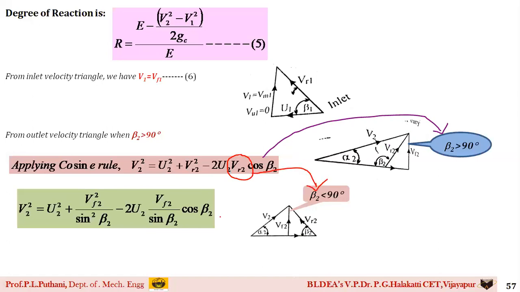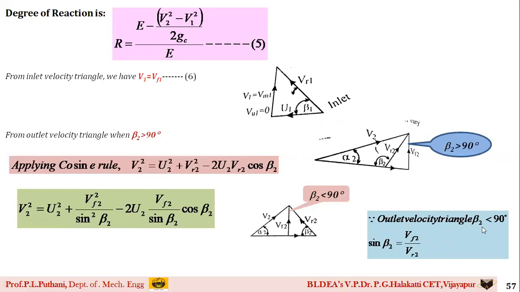If you make this adjustment, you will get the equation in the required form. And as I said, for the outer triangle, beta 2 is less than 90 degrees, sine beta 2 is equal to Vf2 by VR2, which we have done with the replacements. So now from here, we need to do our simplification part.